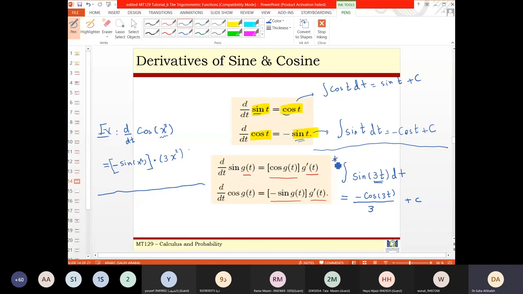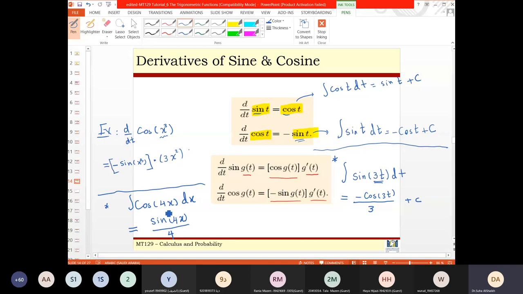Let me give you one more example. I'm just giving examples around here. Now, if I say I want the integration of cosine of, for example, 4x dx, what will be the integration of the cosine? It is actually sine of 4x and we divide by 4.